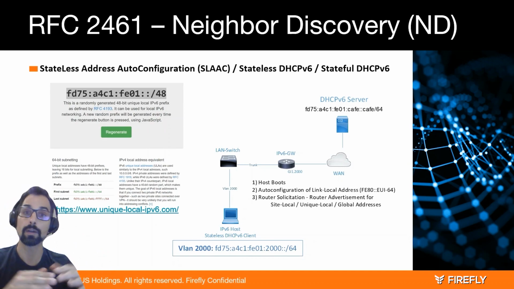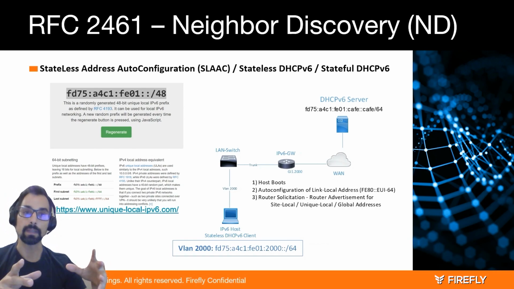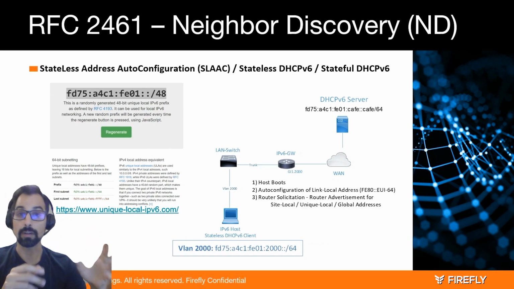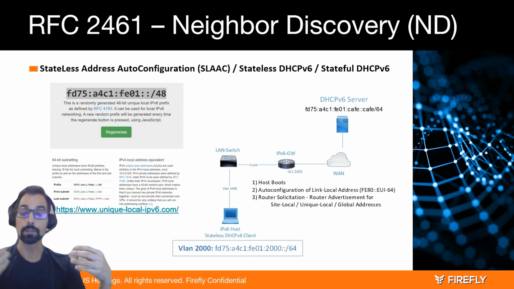One is the completely automated one, which is SLAAC, stateless address auto configuration. In this case, if you remember, getting the router advertisements, the interface is going to be able to use that prefix and build its own address.